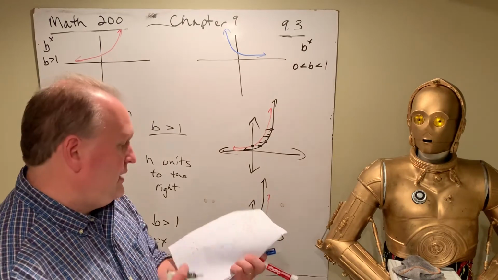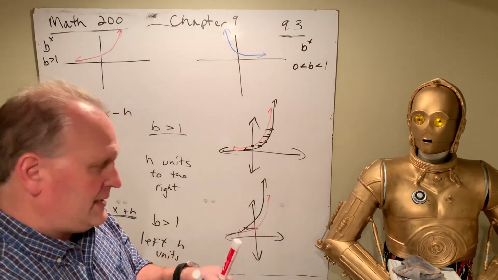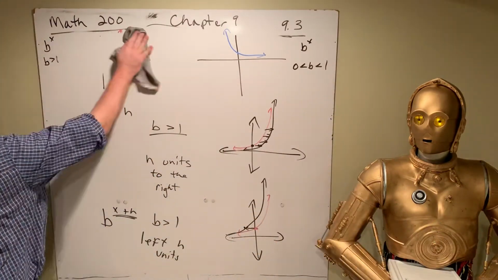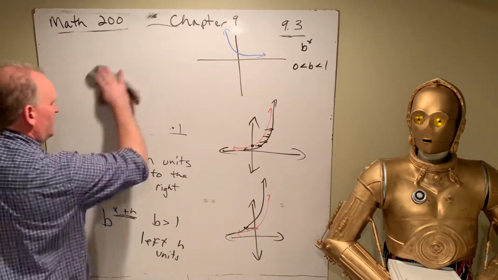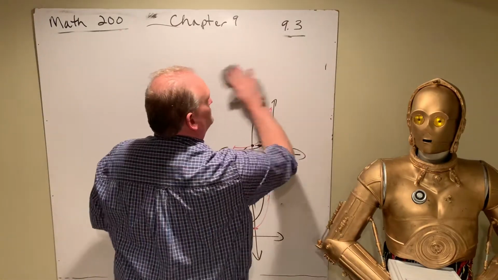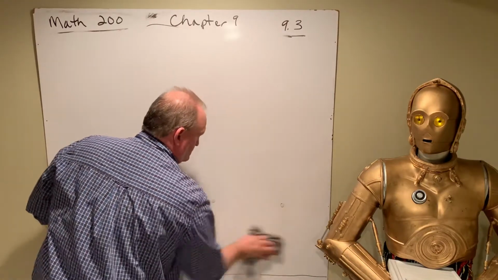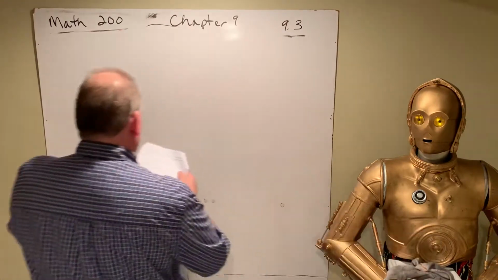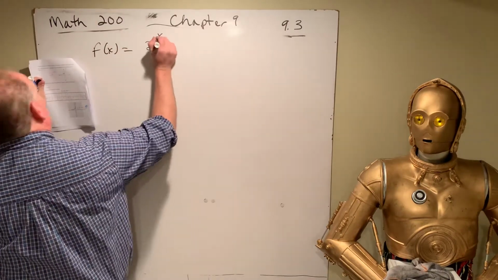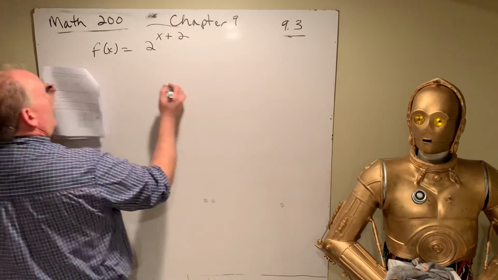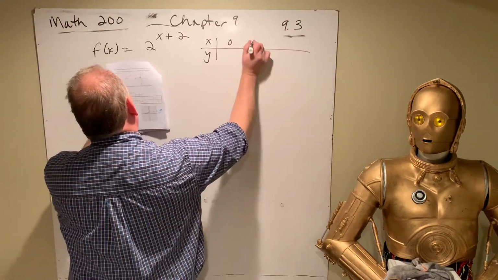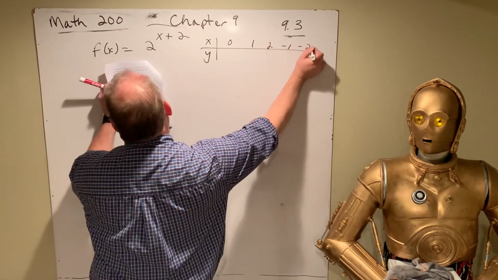All right. And then they said, hey, let's play with that. That looks like fun. Let's give it a whirl. So they have us do a quick graph of f of x is equal to 2 to the x plus 2 power. And we got x and y, and we got 0, 1, 2, -1, -2, -3.